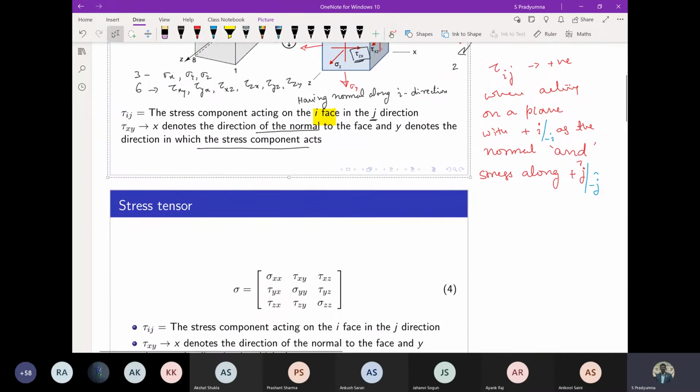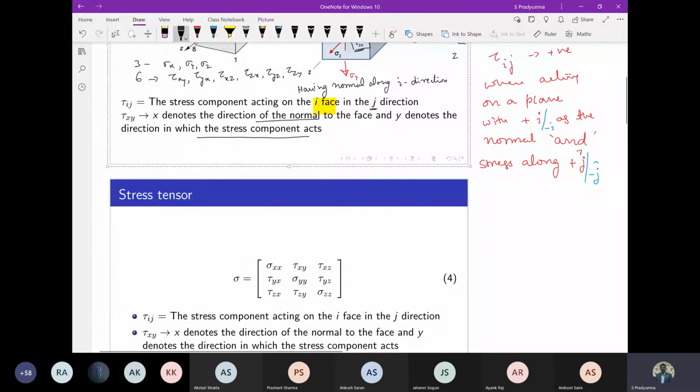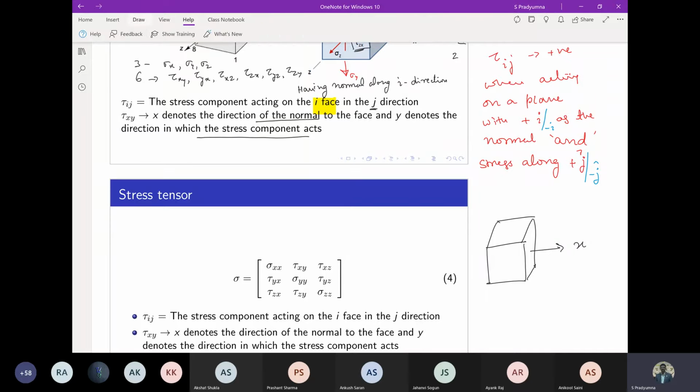Now, if there is any change in this, let me draw that figure again. So if this is the element here, and let's say this is the positive x direction, which is the normal. Now, if I assume that the stress acting in this direction is also tau xy, can you tell me what is the direction of the normal?